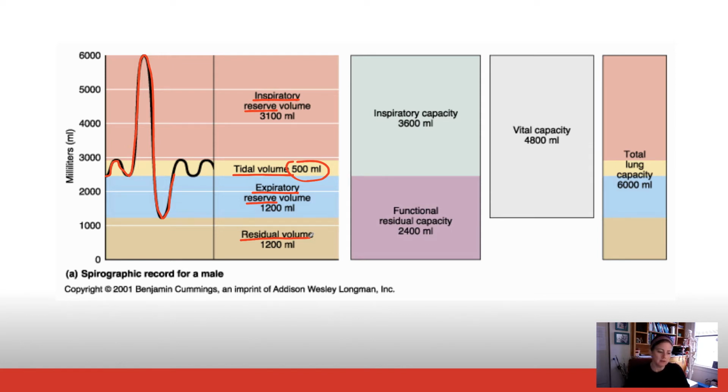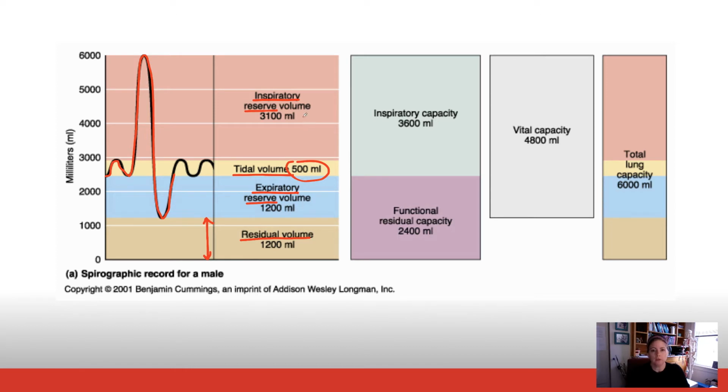One of the sources of residual volume is our anatomical dead space. It's just air that happens to be in the pathway that doesn't contribute to gas exchange. So here's residual volume down here. That's going to be this volume of air that's just hanging out. Doesn't really do much for us.